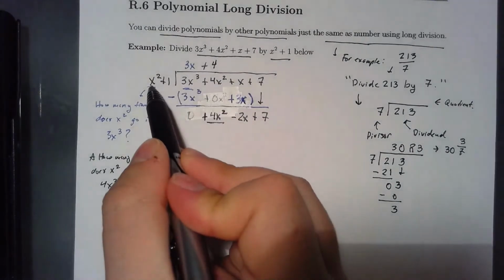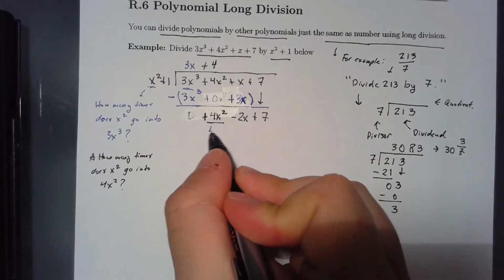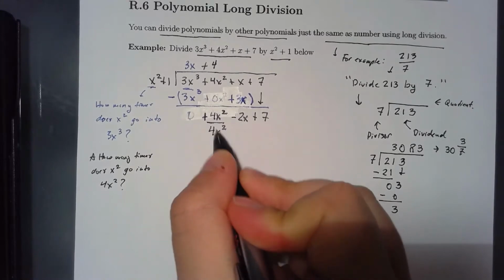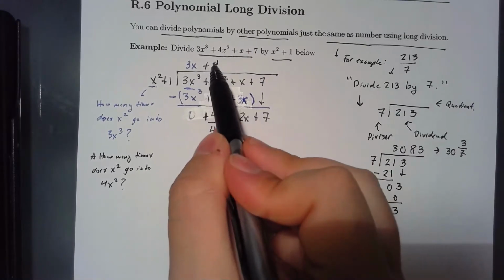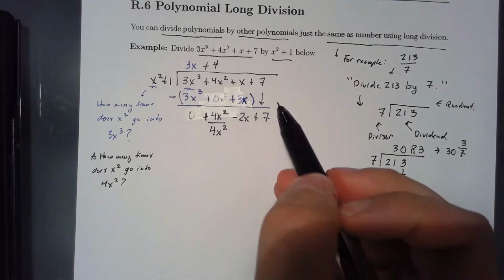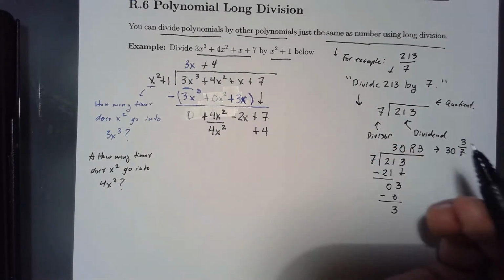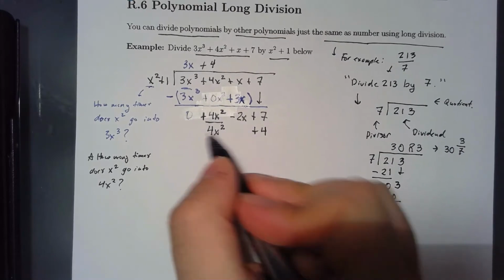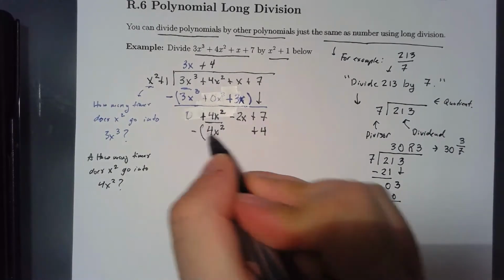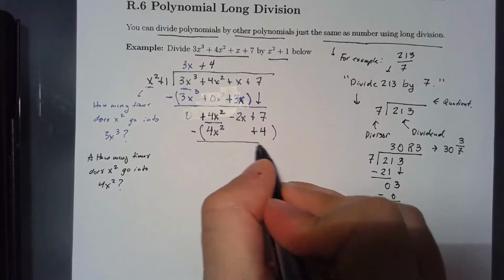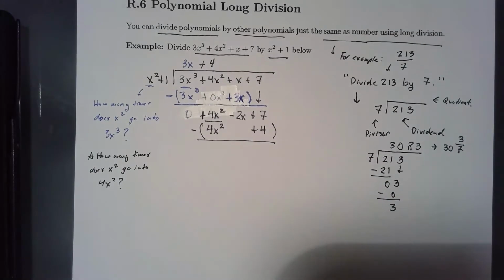4 times x squared is 4x squared. I'm going to align that with the x squared terms. 4 times 1 is 4. I'm going to align that with the constant term. All right, I keep my terms aligned. Subtract the whole thing from my dividend.